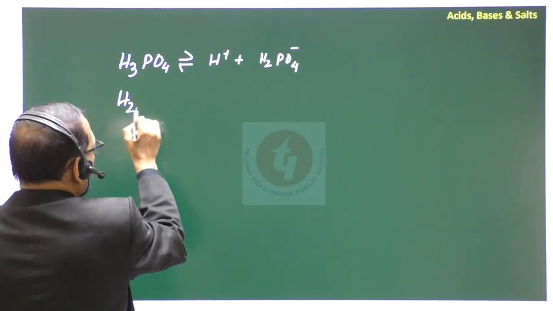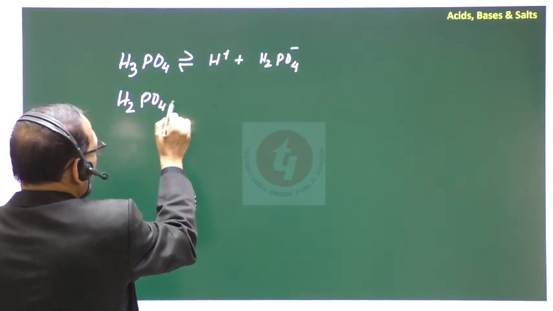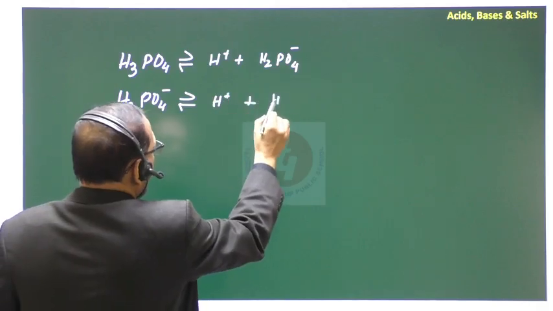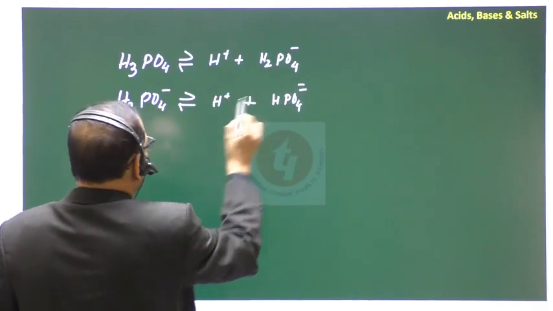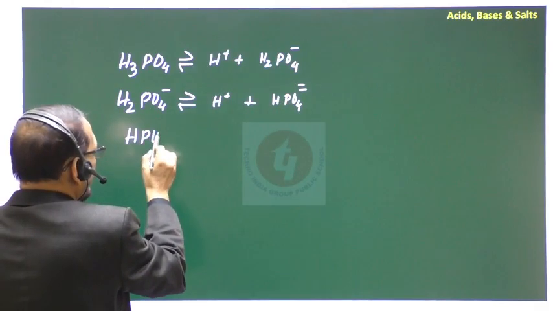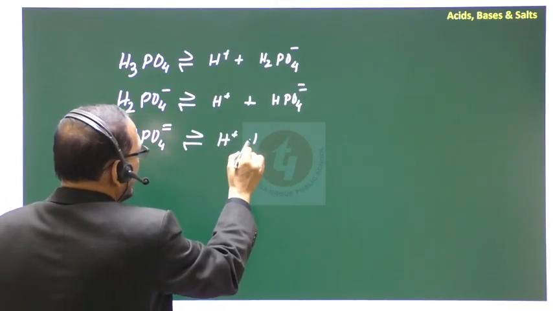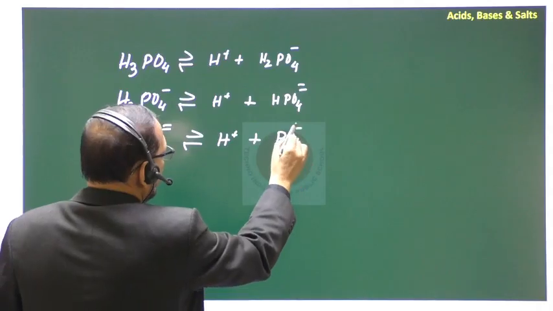Again H2PO4 minus will ionize to give H plus and HPO4 double minus. Again HPO4 double minus will ionize to give H plus and PO4 3 minus, the phosphate ion.